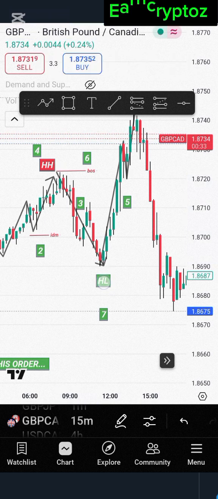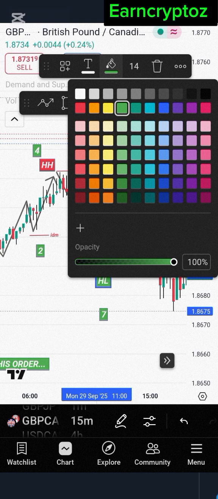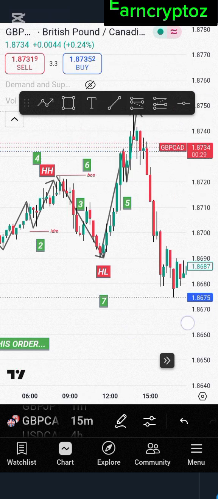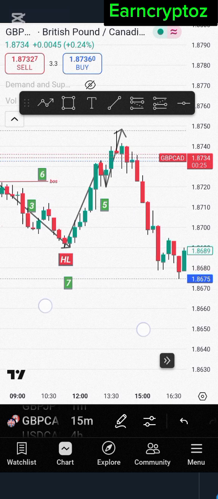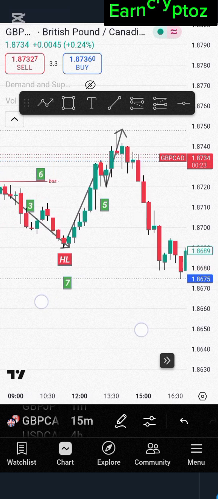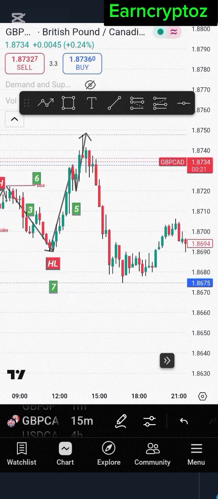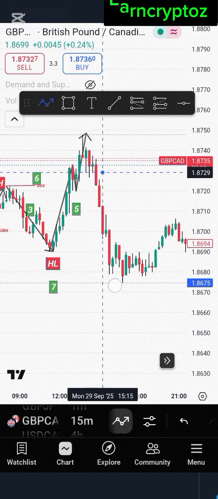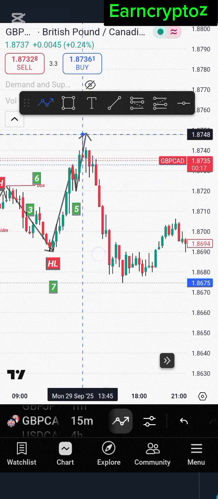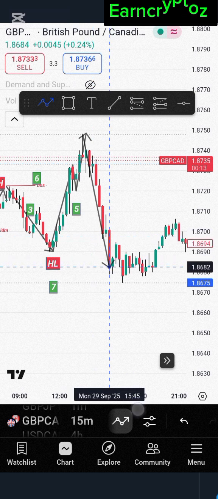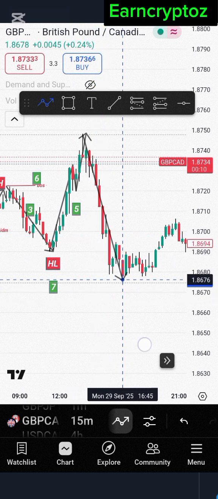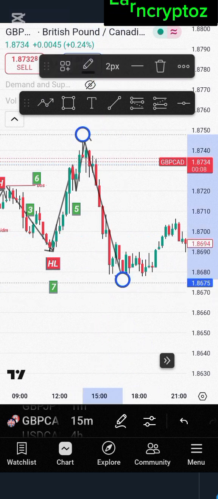Okay. All right. And after number 7, the higher low, you can see we had this move that created a COC. This move that took out the higher low. You can see it came all the way down here.